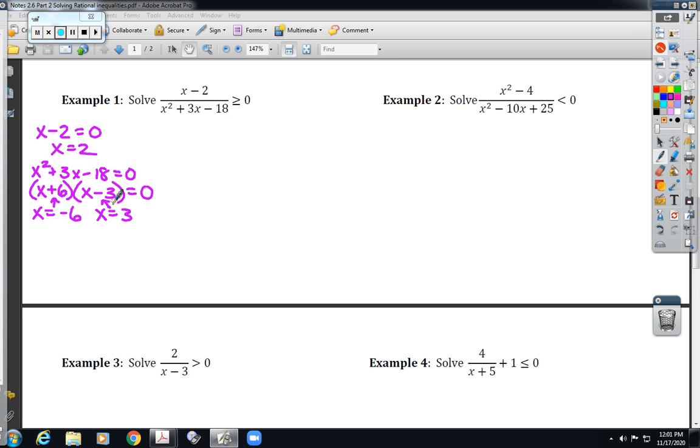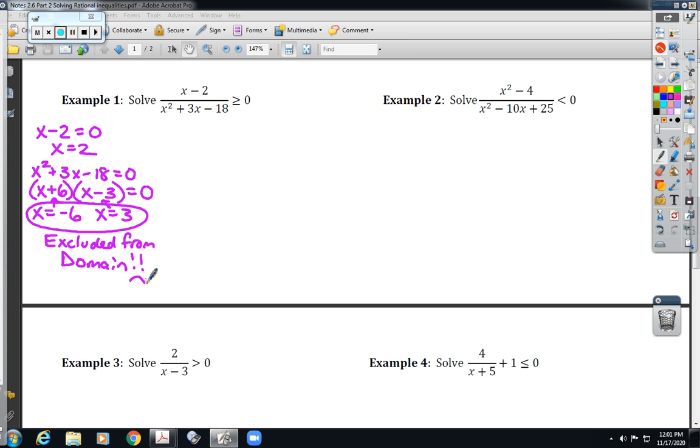Now, the zeros of the denominator, that would be these two, are excluded values from the domain. If we have these values plugged in and we have division by 0, that's a problem.